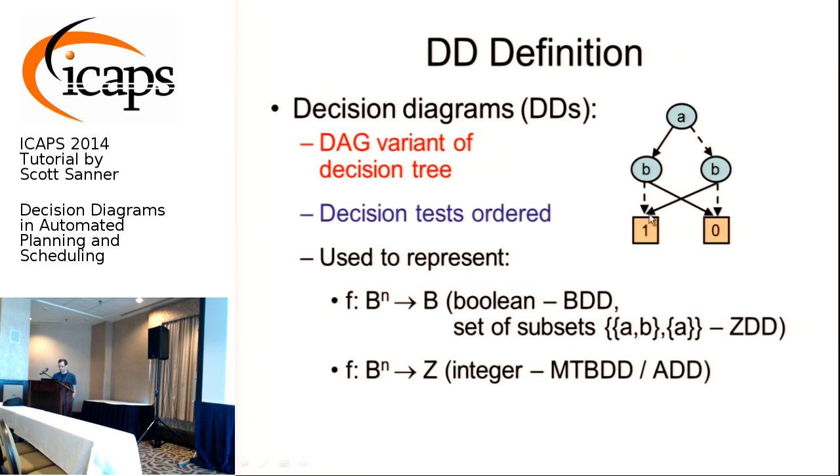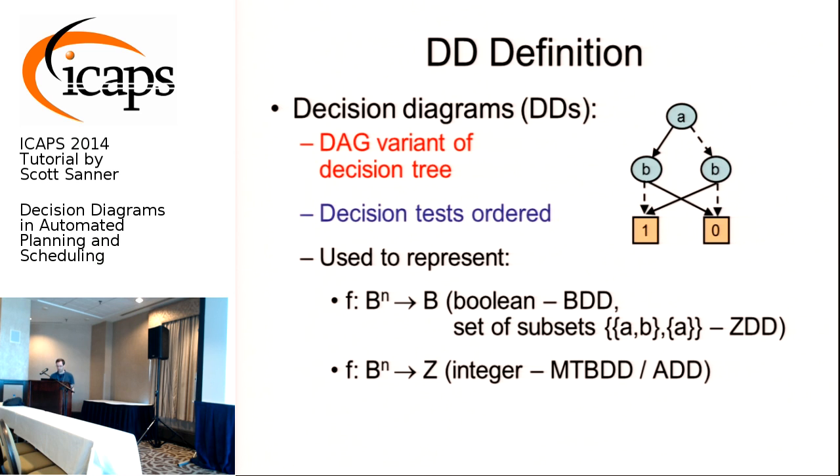What if your decisions are still Boolean, but your leaf values are now integers, and not just 0 and 1? Still pretty obvious to represent. This is called the multi-terminal BDD. It would be like if you took the 1s and 0s and concatenated them together, a binary encoding of an integer.